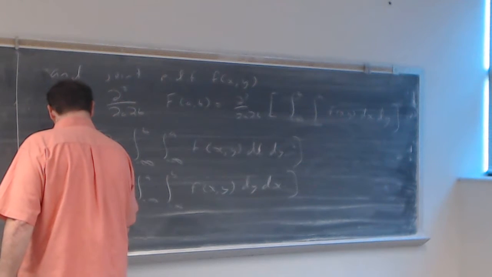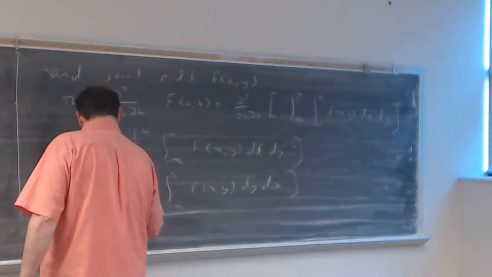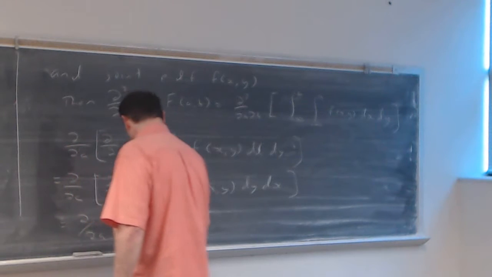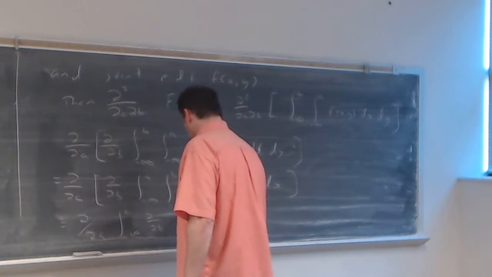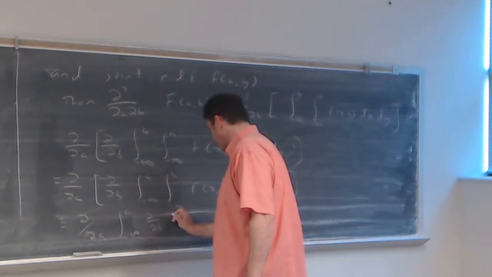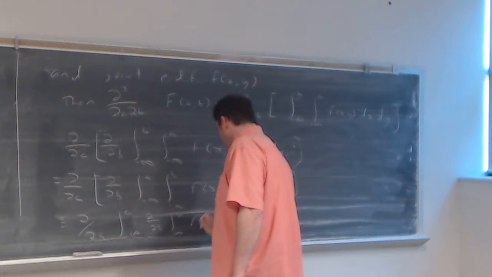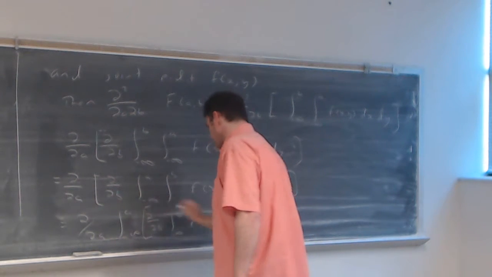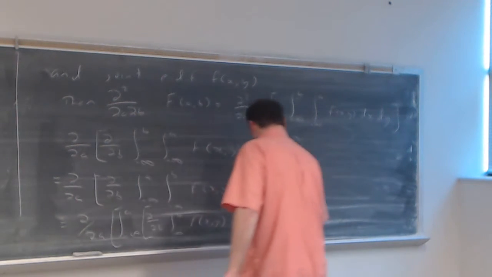And so here, it's partial with respect to a. Here, integral from minus infinity to a, partial with respect to b. Switch the order of these limits, if you will. Here, this is going to be the integral from minus infinity to b of f of x comma y, dy. We're going to do that first, and then dx second.